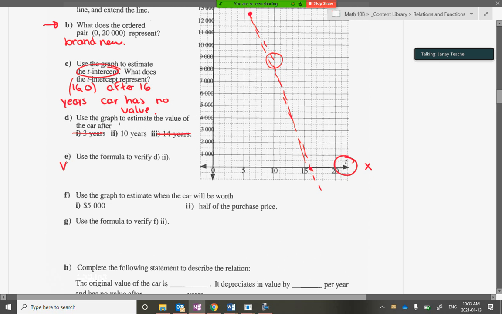So I have V equals 20,000 minus 1,250 times 10. By all means, you can use your calculator here. We should be getting an answer of 7,500. So my graph is clearly not very straight. It should be right here. I'm a little bit off.